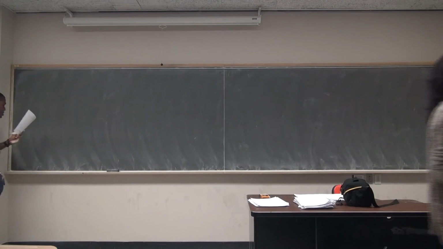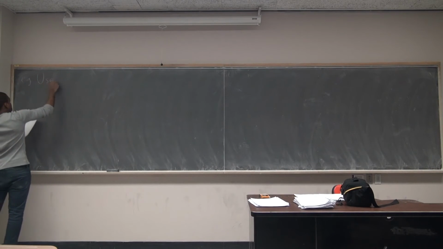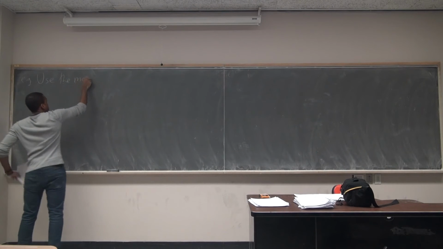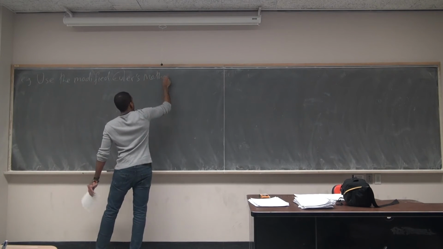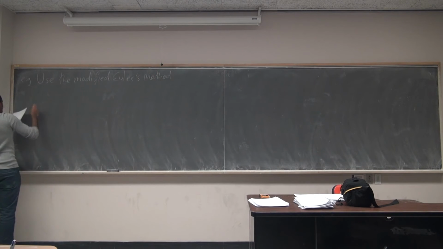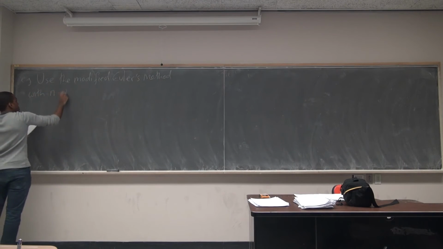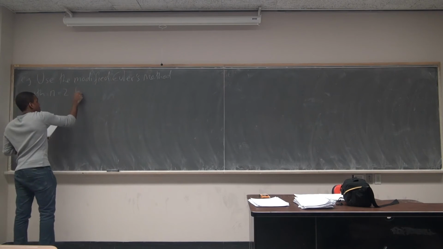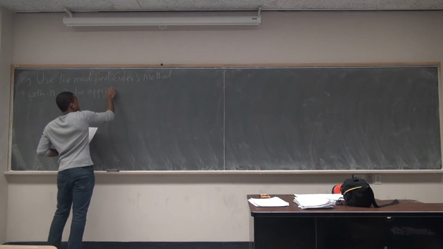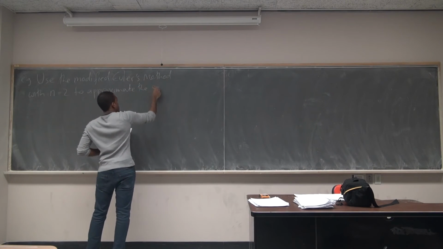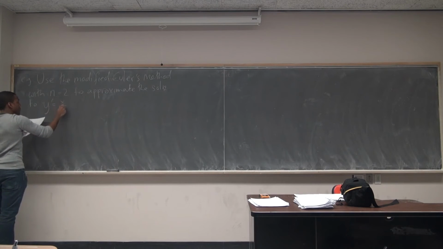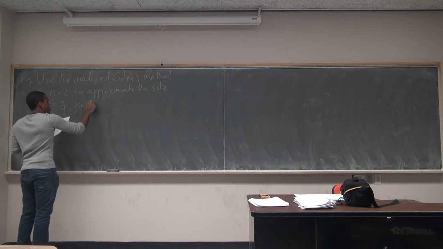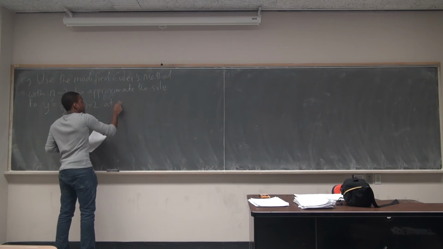Okay, so here's what the question is going to look like. Use the modified Euler's method with n equals 2 to approximate the solution to y prime equals x divided by y, y of 0 equals 2, at x equals 1.